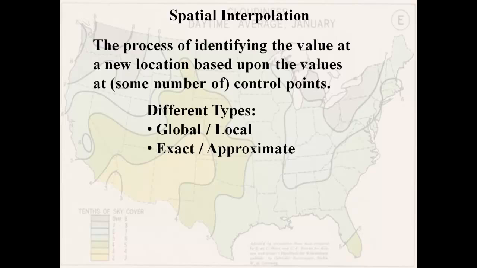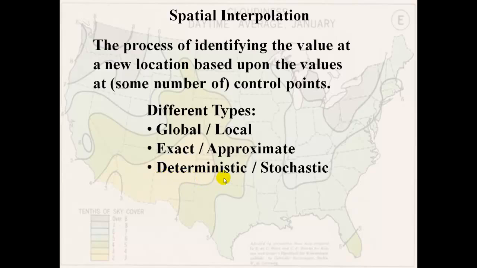There are exact and approximate interpolators. With exact interpolators, the points in the interpolation are going to have the exact same values as the points in your input. So in this case, at the location of an airport, your interpolation will give you exactly the elevation of that airport. Approximate is going to fit a curve to all your data, and so it may overshoot or undershoot the input data. Deterministic and stochastic.